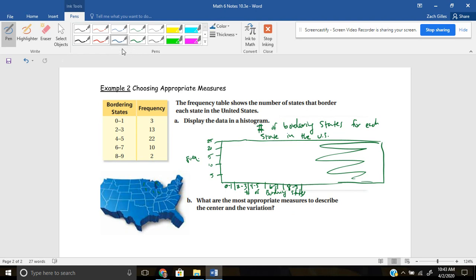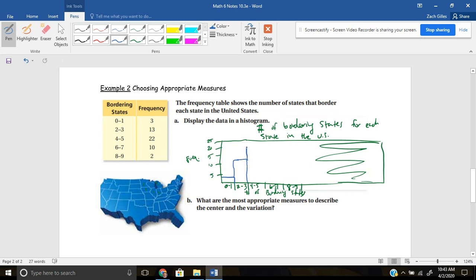And how many times? Let's see. So from 0 to 1, this interval is 3. 2 to 3 bordering states, 13. 4 to 5 bordering states, 22.